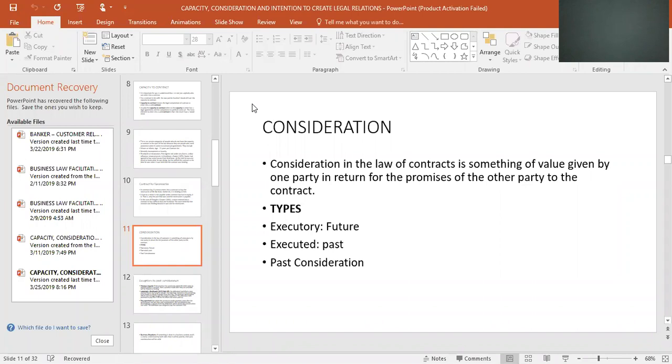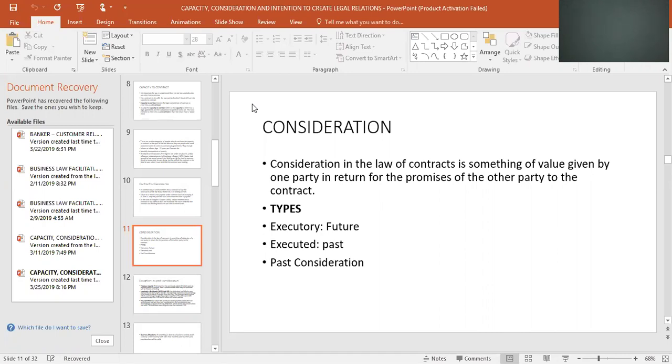Now, tomorrow morning, if she washes my car for me, it means that the consideration has now moved from future to past. Now, Yvonne has already finished washing the car. So the consideration here is in the past. That's why we call it the executed consideration.